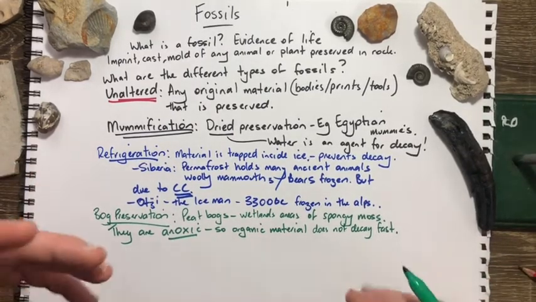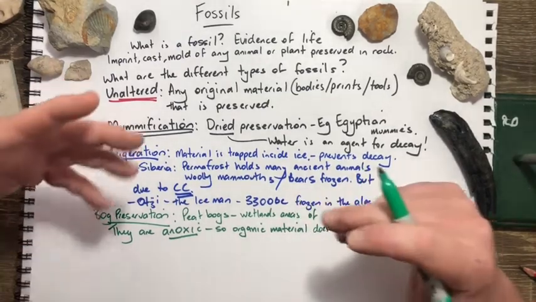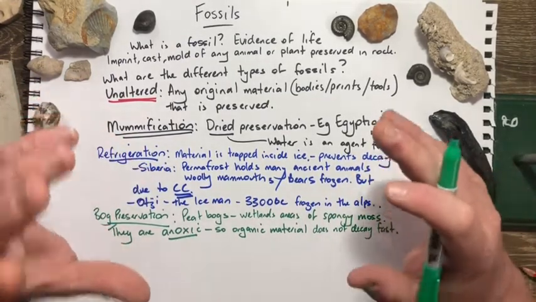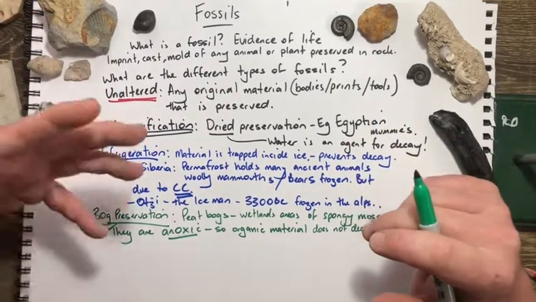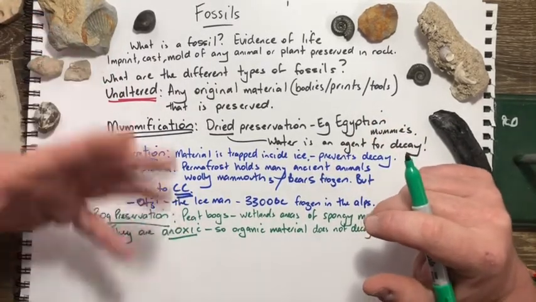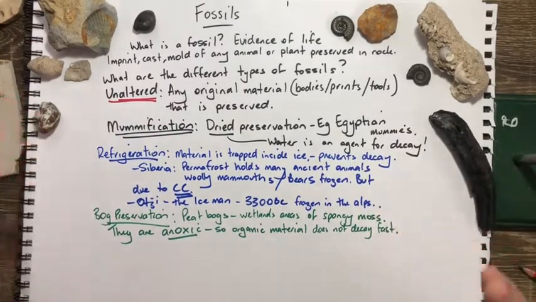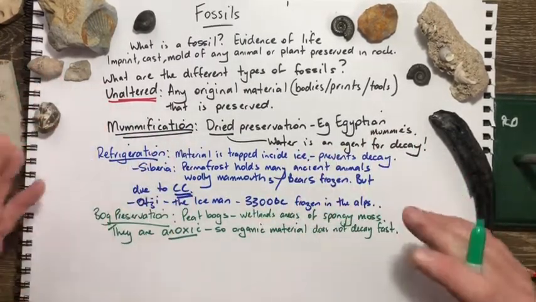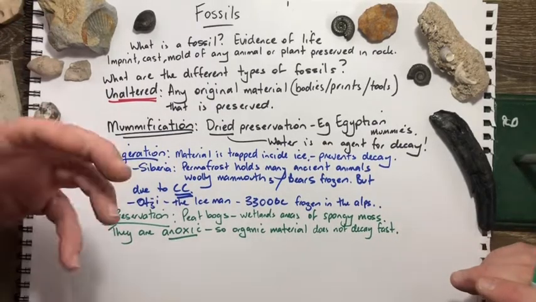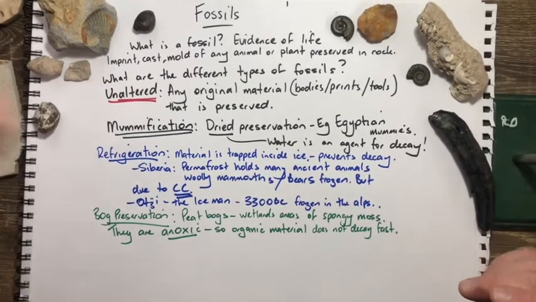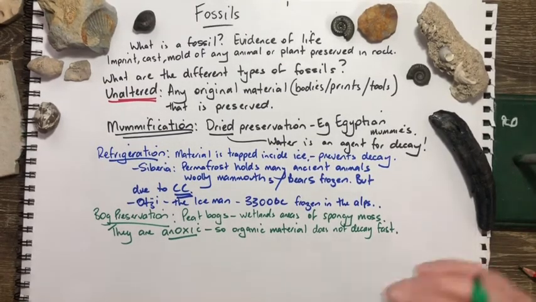But what was really interesting is the evidence from that gave scientists an understanding of what type of barley and what type of oats were growing 3,000 years BC. And these unaltered fossils really give scientists a much better insight into past environments than replaced ones.